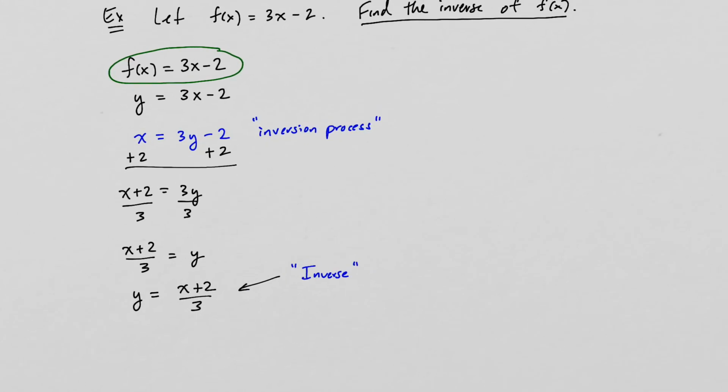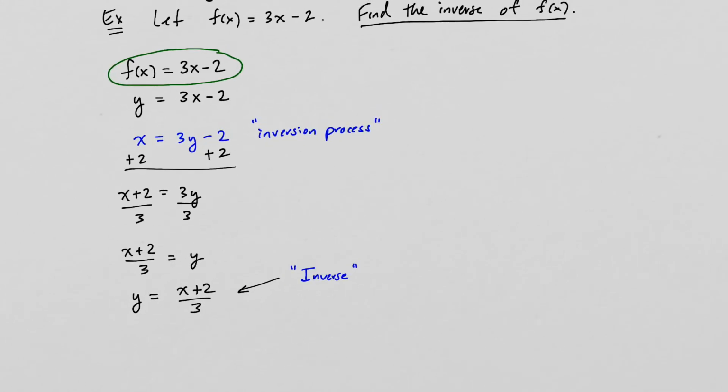So the last consideration here is, how should we notate this? What notation should we use to write this? Well, since this is the new inverse, we're going to rename y using function notation, but it's the inverse, so we're going to call it f inverse of x, and we use that little -1 to indicate this.